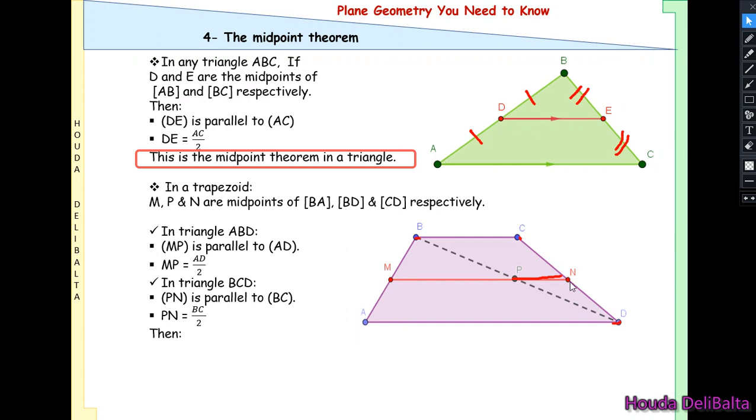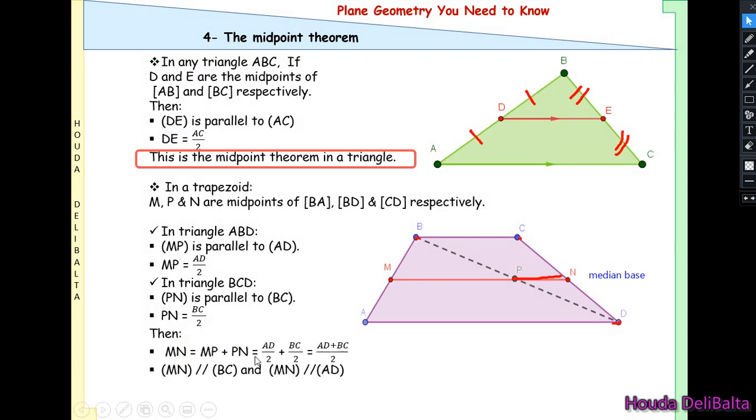This is called the median base, because it's joining the midpoints and it's between the bases. So MN is equal to MP plus PN. Now substituting, MP equals AD over 2 and PN equals BC over 2. Then MN is equal to (AD plus BC) over 2.